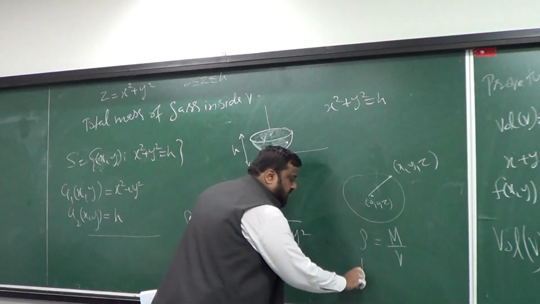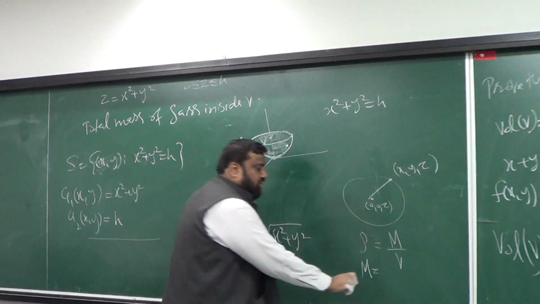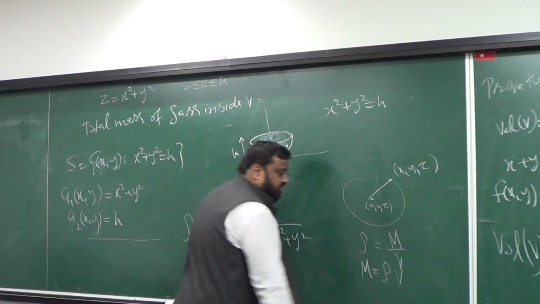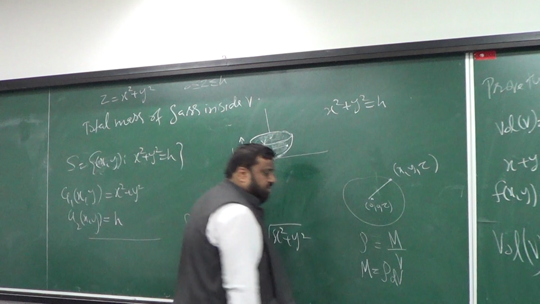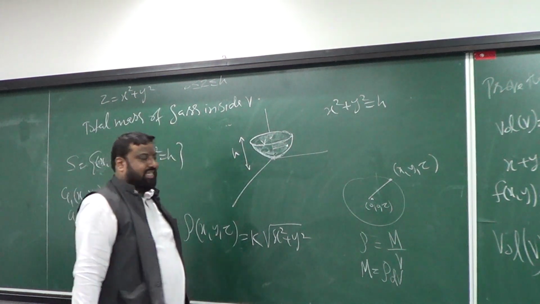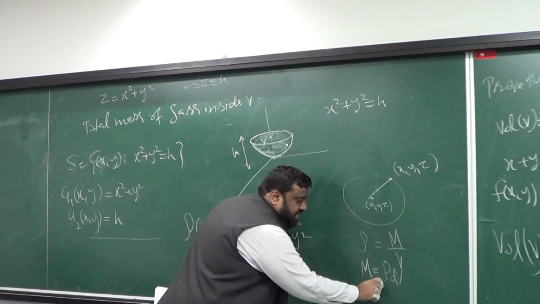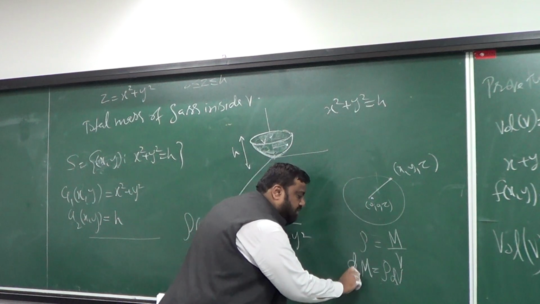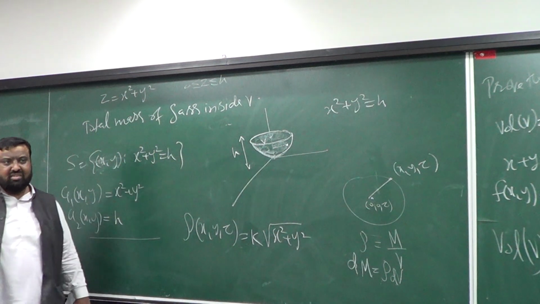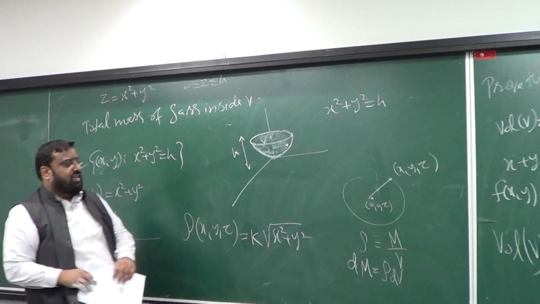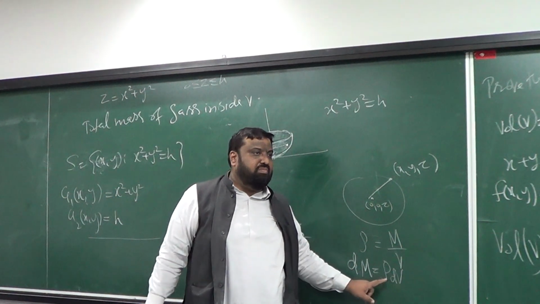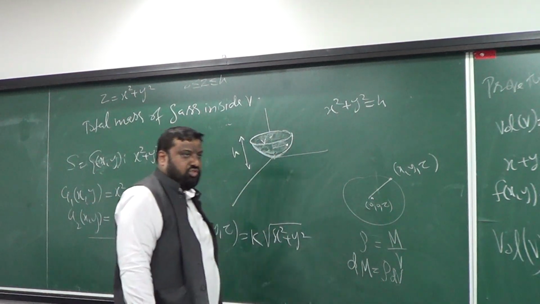And if you want to compute the mass, you need to know the density in the volume V. So let's take a small chunk of the volume and see what the density is here. It's going to give me the small chunk of the mass, which is really this rho.